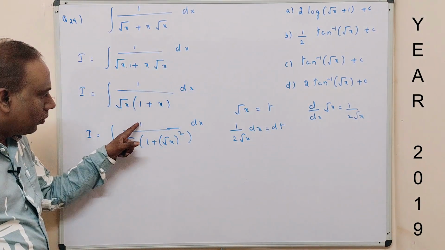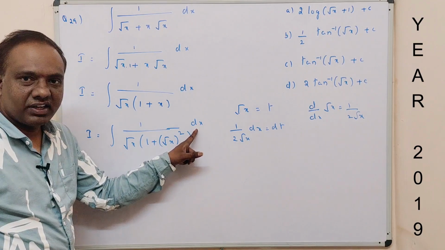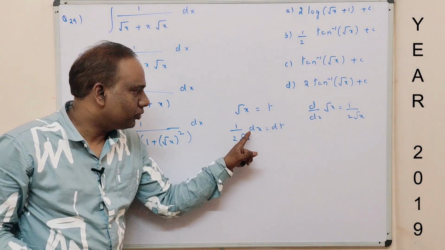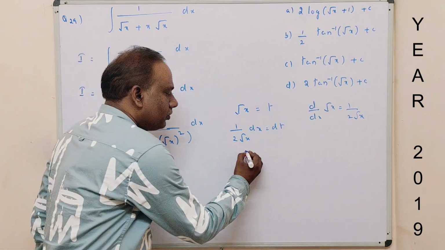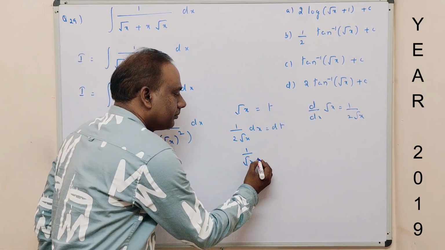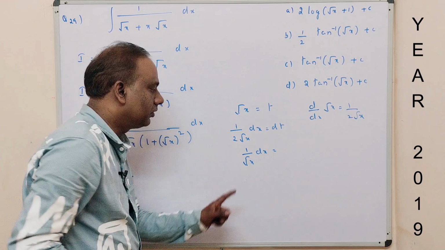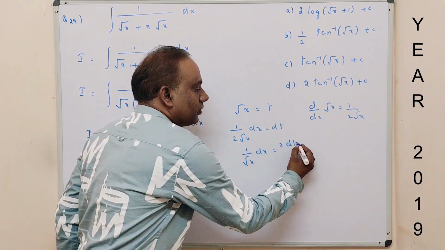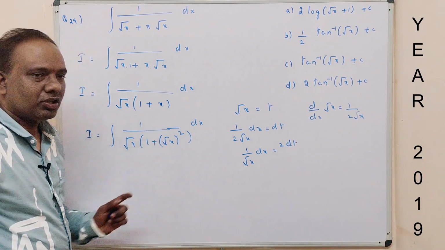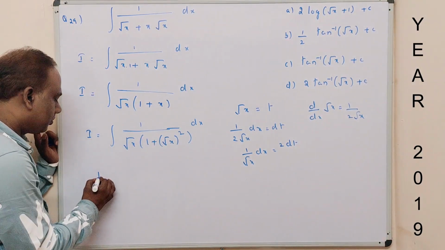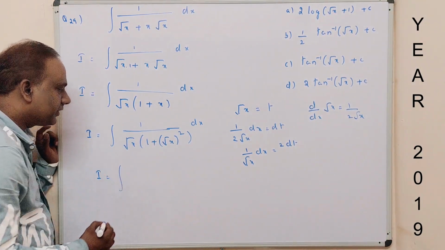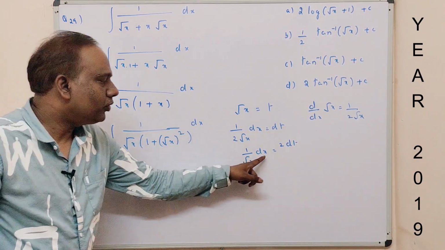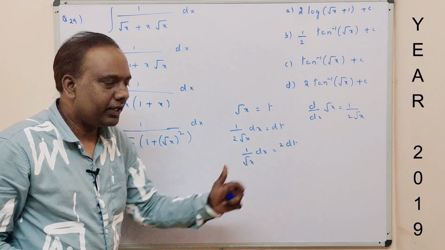So 1 by root x into dx is equal to, taking the 2 to the right side, 2 dt.